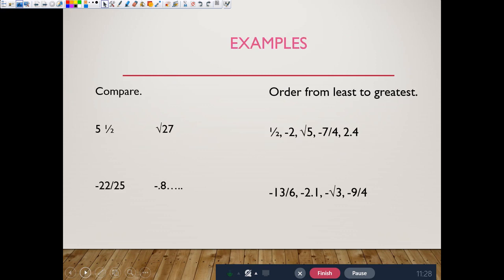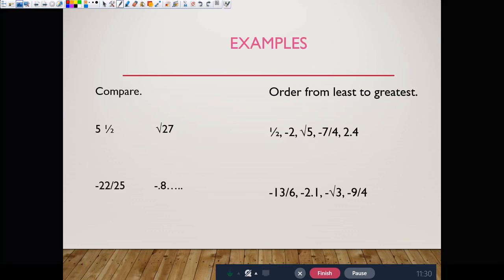So let's look at this. What is 5.5 as a decimal? 5.5, right? And then this one I'm going to let you guys use a calculator on because it's not a perfect square. So 27, you're going to type in your calculator, then you can hit the square root button, which is below the tan button. 5.196. 5.2.